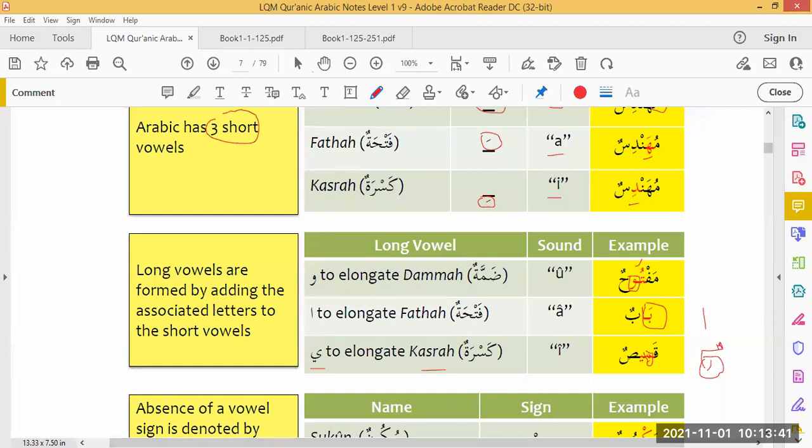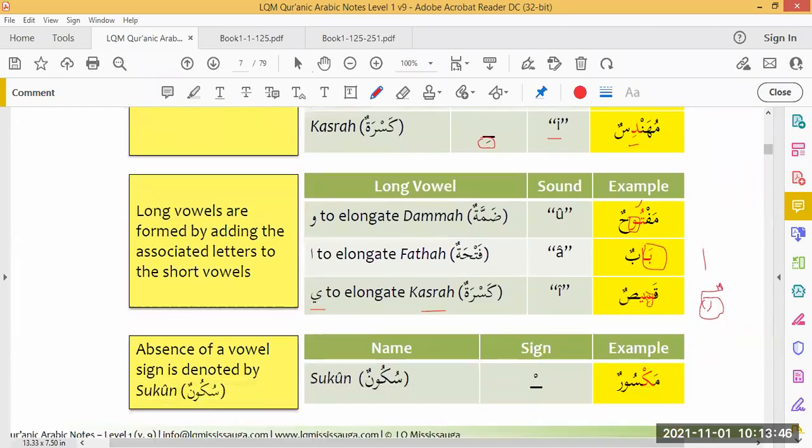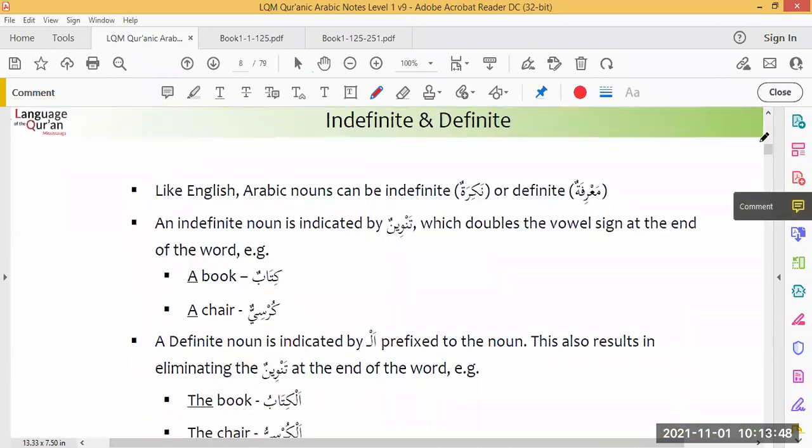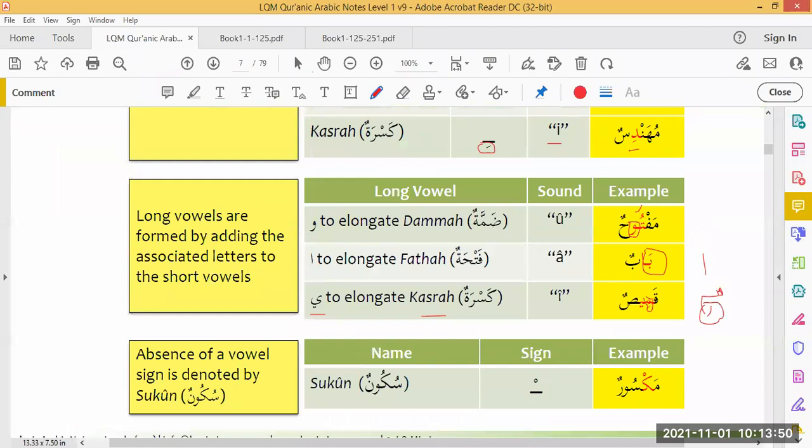Dhamma, fatha and kasra. These are three harakat. And there is a fourth: sukoon. If there is no vowel sign on the letter, there will be a sukoon.